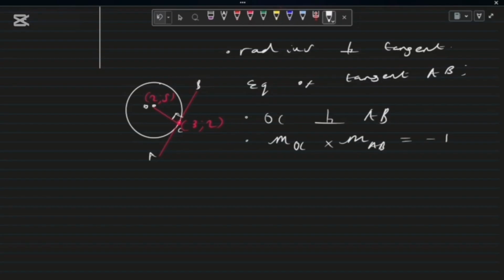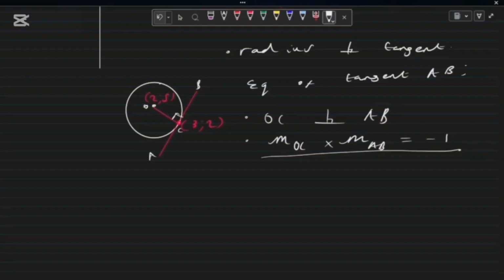Okay, they have inverse gradients. This is what that means. We would use this relationship to get the gradient of AB. So we'll get the gradient of OC, which is the gradient of the radius, and then use this equation to get the gradient of AB.